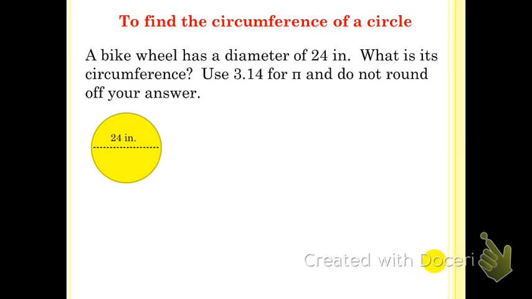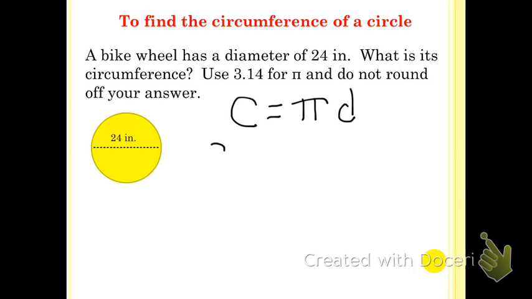A bike wheel has a diameter of 24 inches. What is its circumference? Use 3.14 for pi and do not round off your answer. Since we're given the diameter in this problem, to find the circumference, I will use the formula circumference C is equal to pi times the diameter.